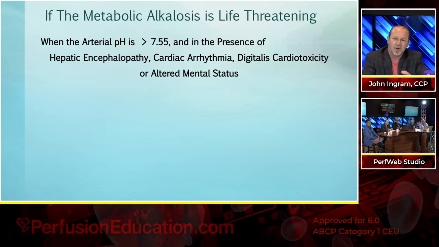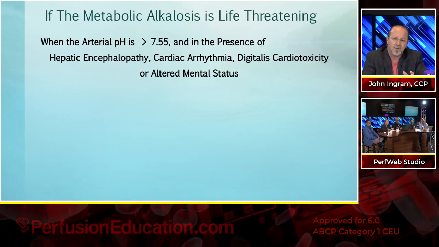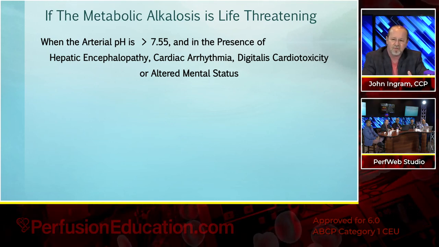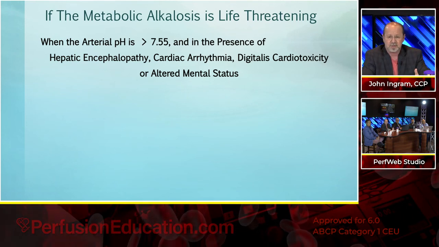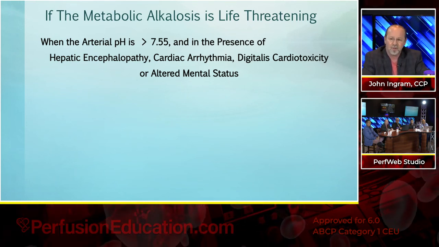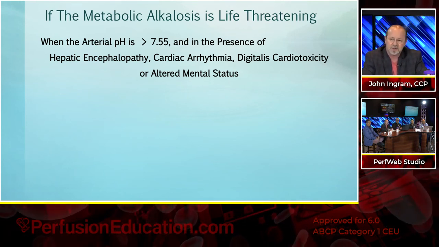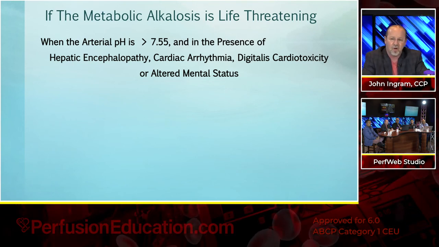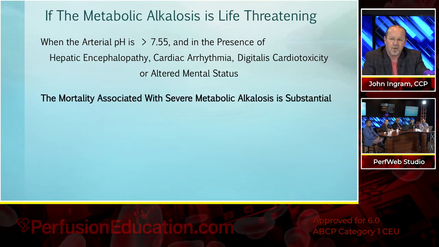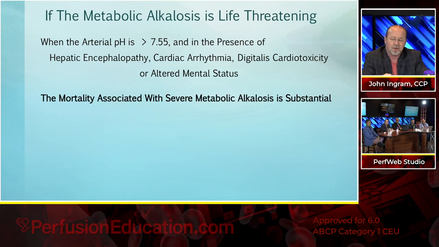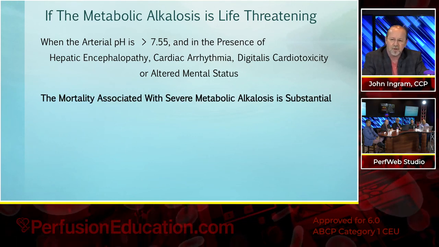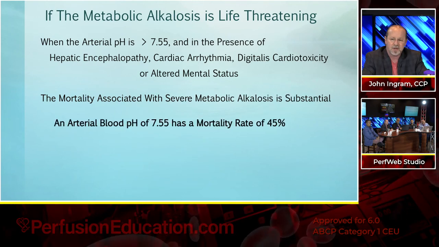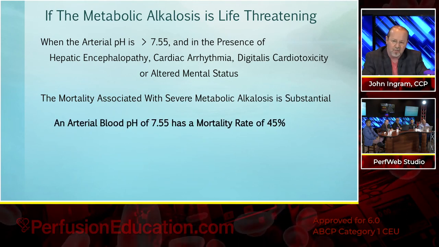So if it's life-threatening, what does that mean? Well, first of all, the pH should be greater than 7.55, and you can look for the presence of hepatic encephalopathy, cardiac arrhythmia, digitalis cardiotoxicity, or an altered mental status. The mortality associated with severe metabolic alkalosis is substantial, as I said earlier, Joe.